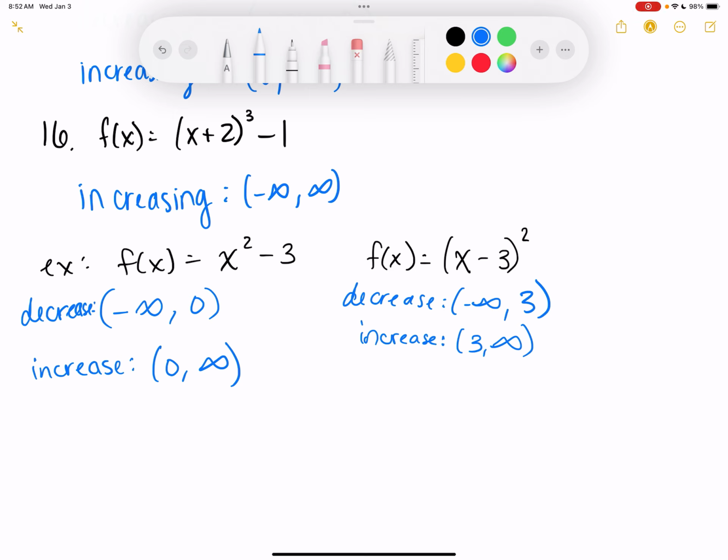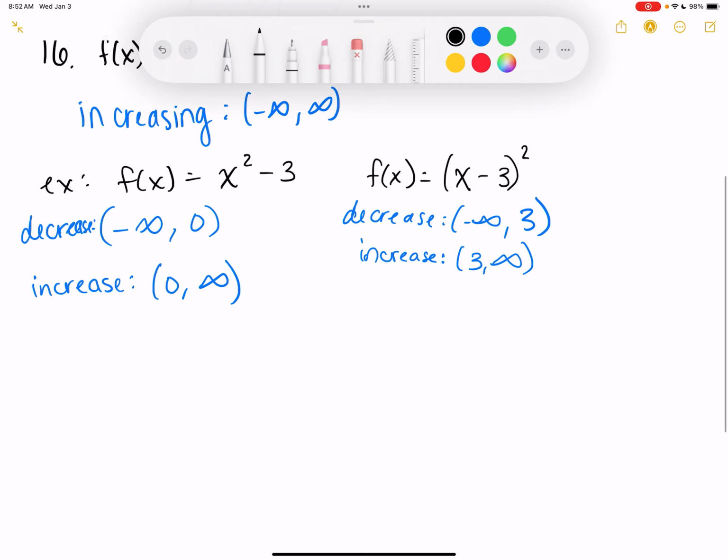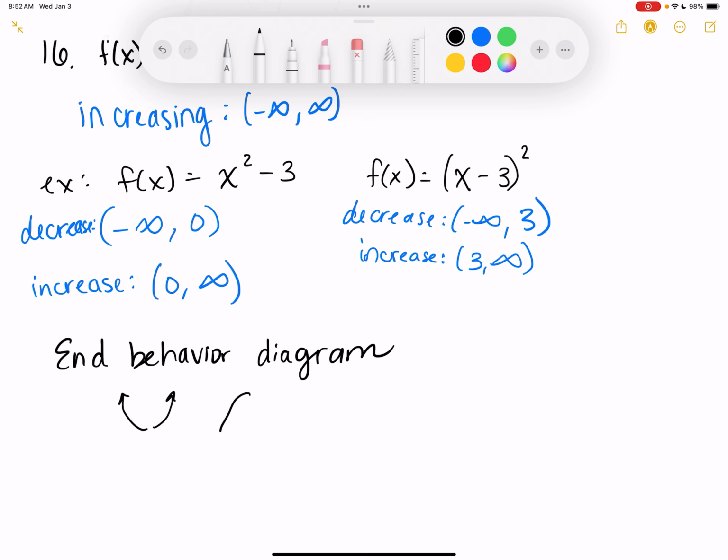Next thing. Use an end behavior diagram. So those are basically like this, this way, or that way.